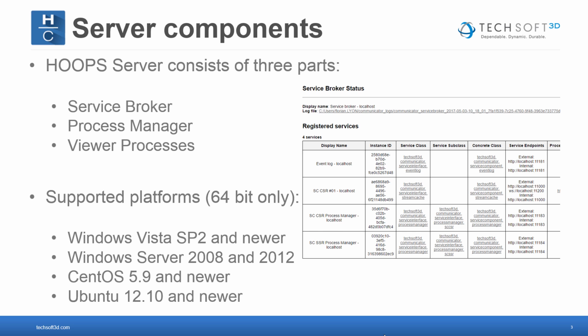The server part consists of, we talked about the converter, but it also has the streaming server. In order to facilitate viewing multiple models at a time, you can imagine, for each client there's a JavaScript class on the client, and then there's that stream cache server on the server.